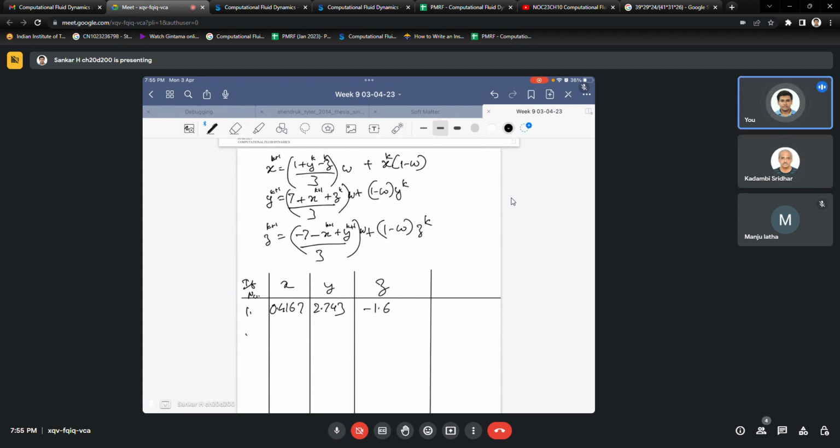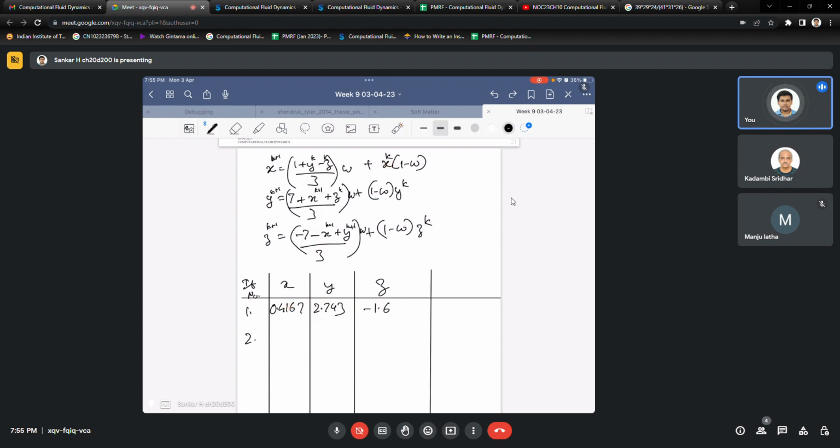In the second iteration, I'm just going to write down the values because I don't know if we'll have enough time to solve it. We have to use these values over here in y and z, and 0.4167 over here.